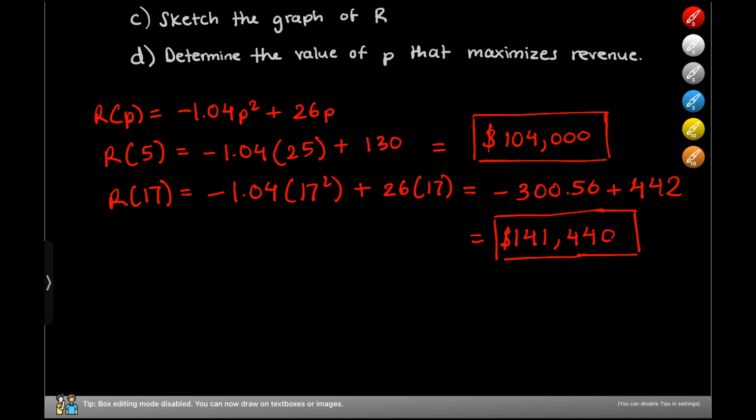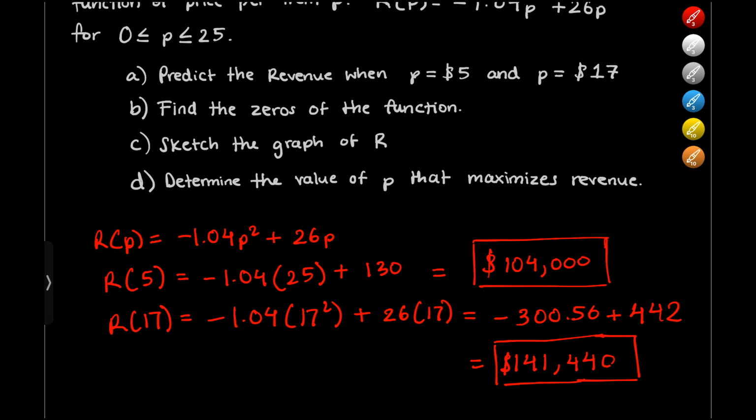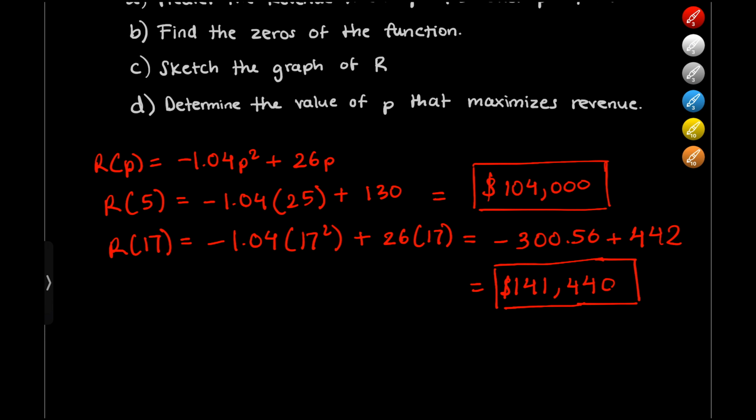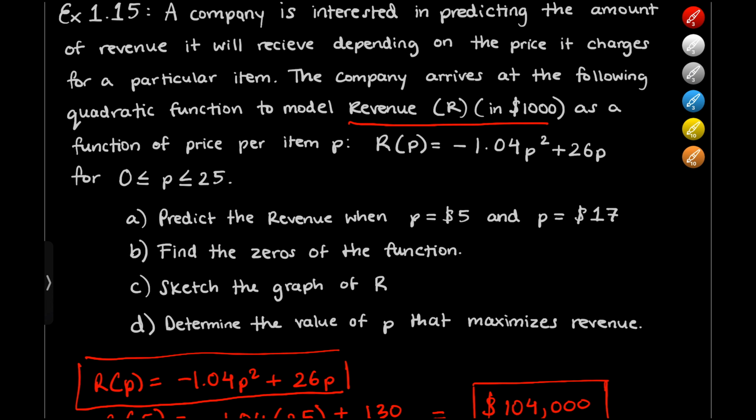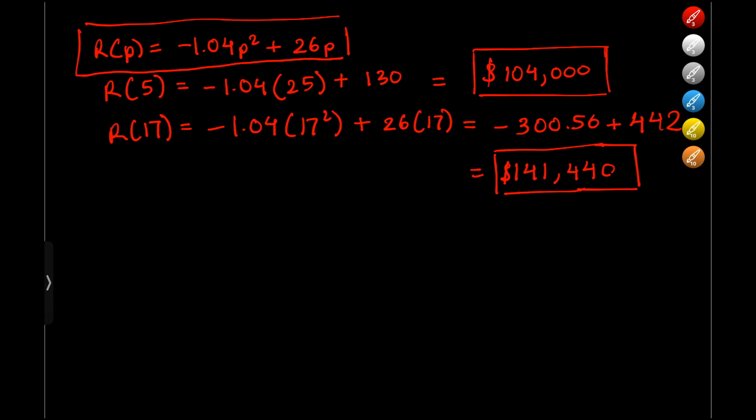So that is A. So now let's find the zeros of the function. So this is our function, and if we just factor a p out, we would get r of p is equal to 0. So we could factor out p, like I said. So negative 1.04 p plus 26.